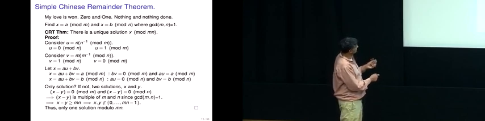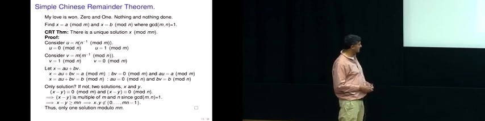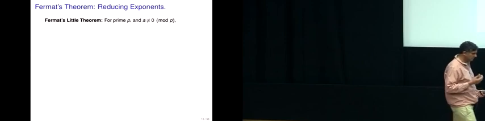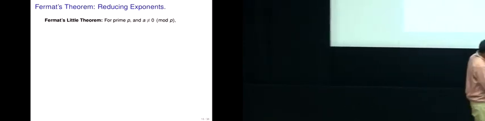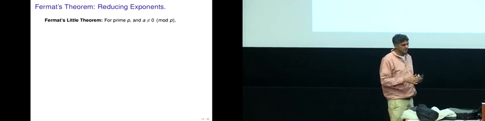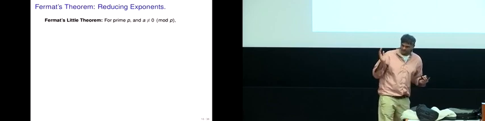What you have is a bunch of zeros and ones, and you have n of them. Okay. So now that's one theorem. So there's this bijection between a and b pairs, mod m and mod n, and x's mod m times n. That's what it says.